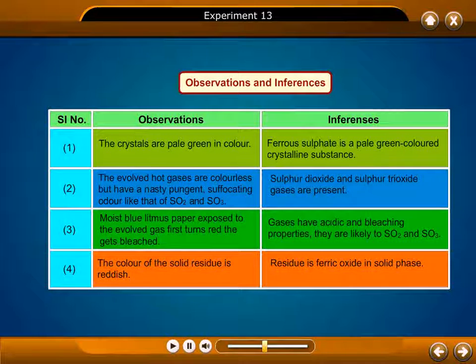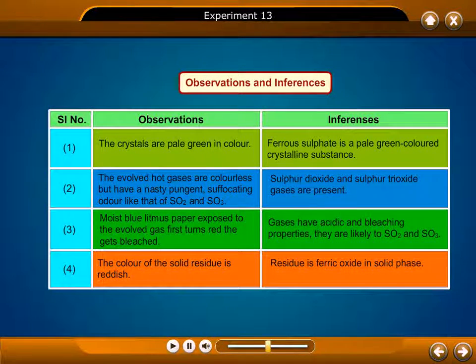Inferences: sulfur dioxide and sulfur trioxide gases are present. Observations: moist blue litmus paper exposed to the evolved gas first turns red and then gets bleached. Inferences: gases have acidic and bleaching properties. They are likely to be sulfur dioxide and sulfur trioxide.